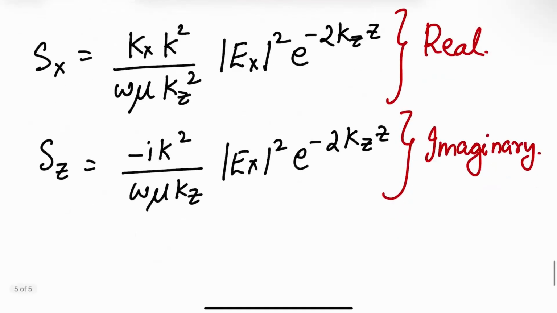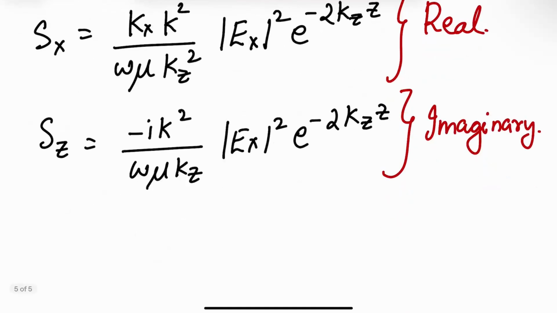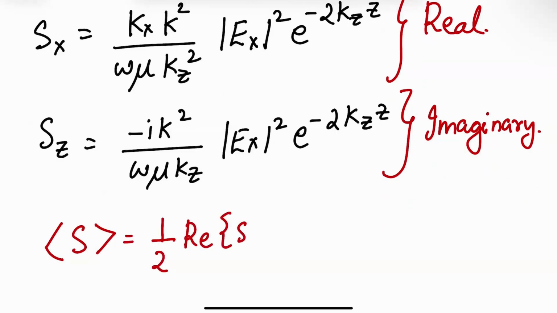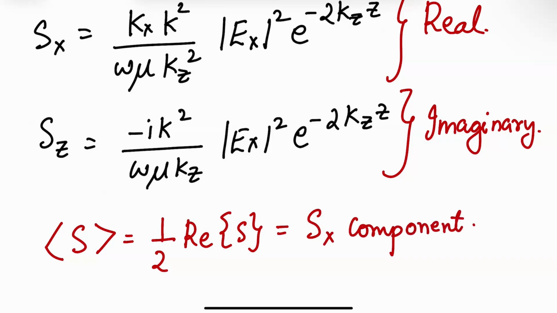Okay, so what does that mean? That means that if you calculate the time average Poynting vector, which is equal to 1/2 the real part of S, that would be 0 for Sz. So this will only have an Sx component. Right? So what does that mean?